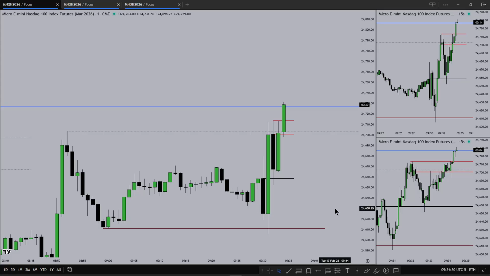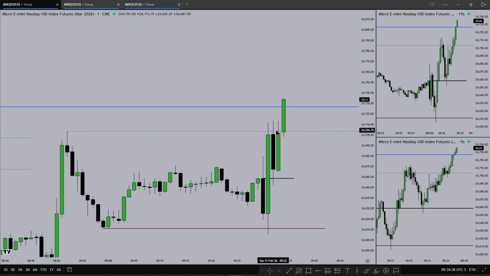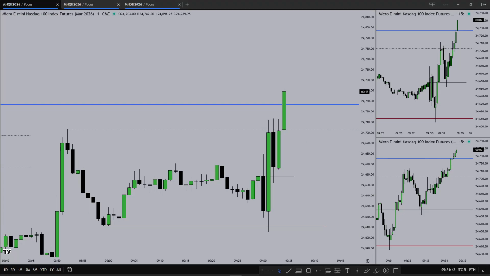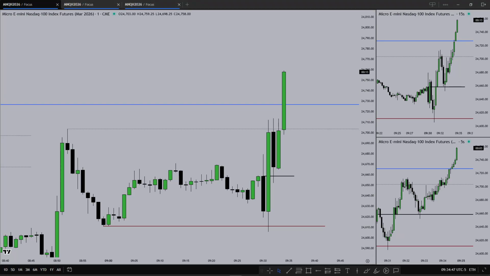Okay. So this retracement just shy of that high, the next candle or the one after should trade into that buy side. And just for execution again.